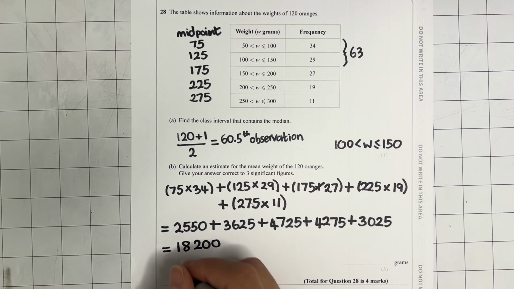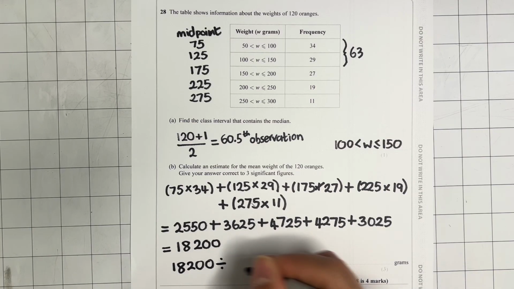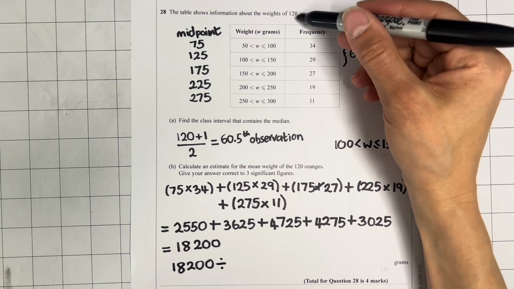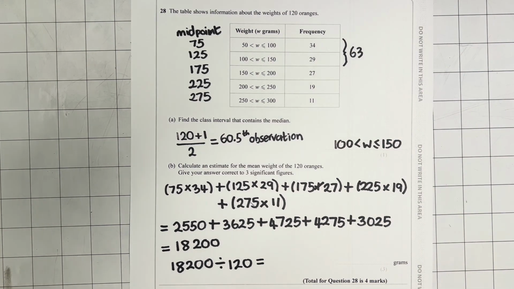So to find the mean, we need to divide this 18,200 by the number of oranges that we have, the number of observations, which is 120.